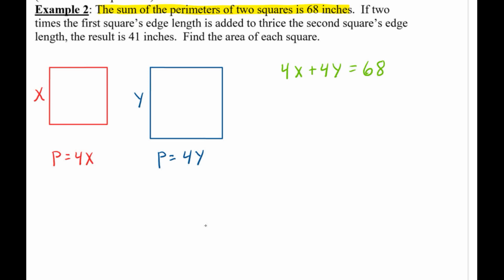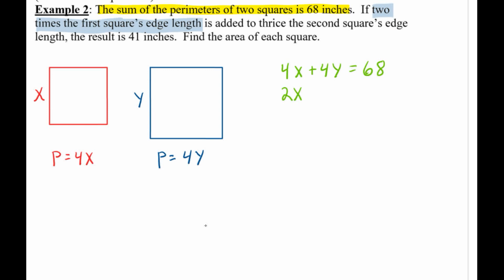Now remember, two unknowns, I must have two equations. So let's go ahead and look at the next line. If 2 times the first square's edge length, I'm going to stop right there, 2 times the first square's edge length, well, that would be 2 times x, right? Because we defined x as our first square's edge length.